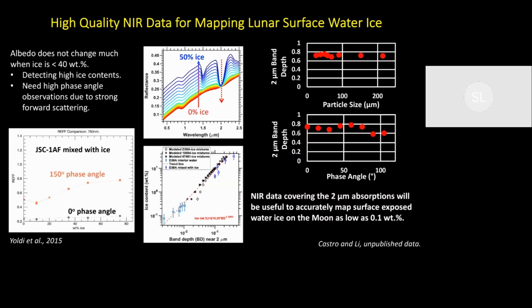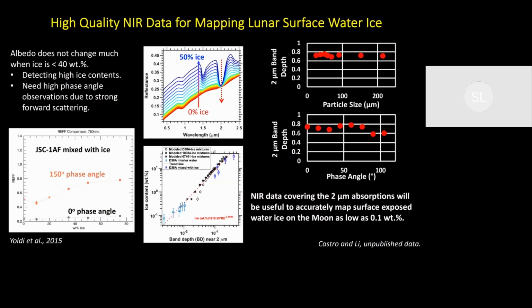Particularly in the lower phase angle observations shown in the left plot, you can see even after the ice content increases to 70%, 80%, you don't see much change. At a higher phase angle, you can see a significant change. This is due to strong forward scattering, but that puts limits on orbital observations. You have to do the observation at a very high phase angle.